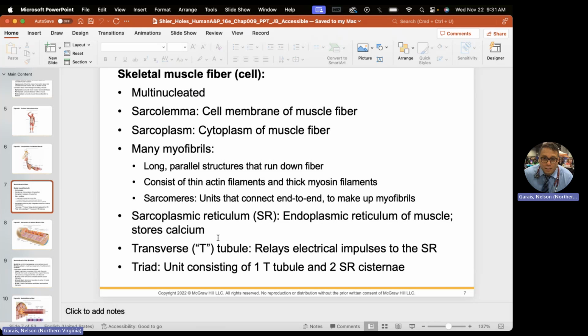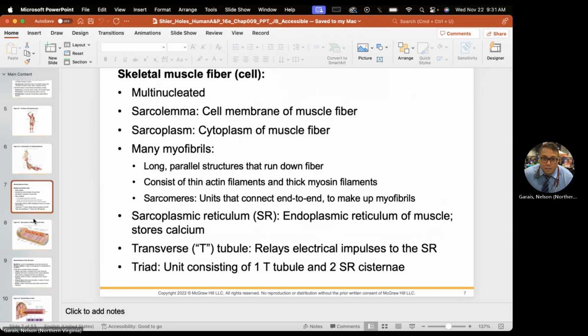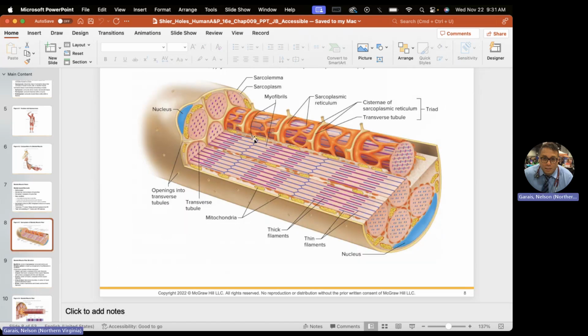Once that electric impulse hits the sarcoplasmic reticulum, which was this thing right here, it will then release calcium.